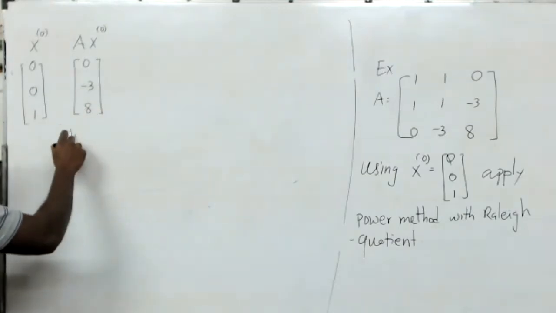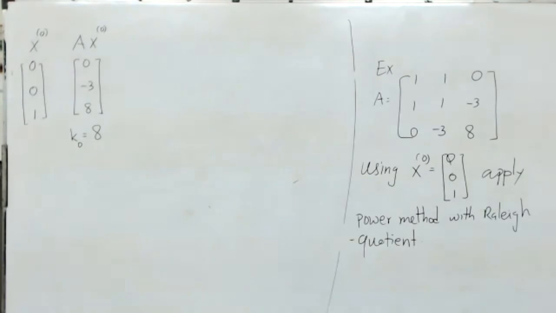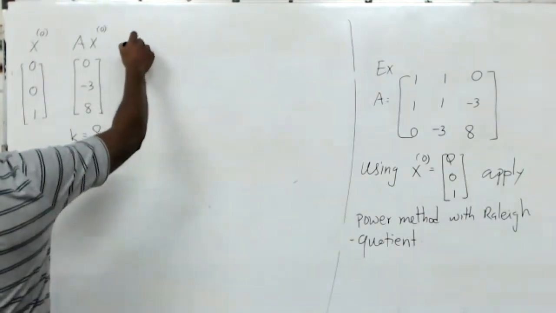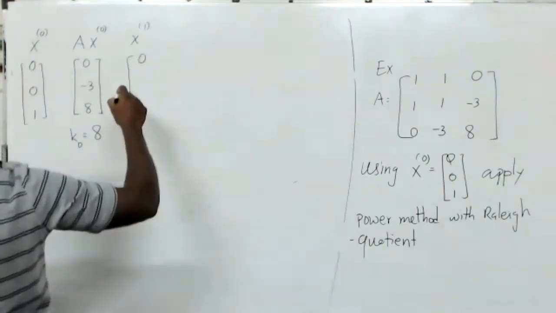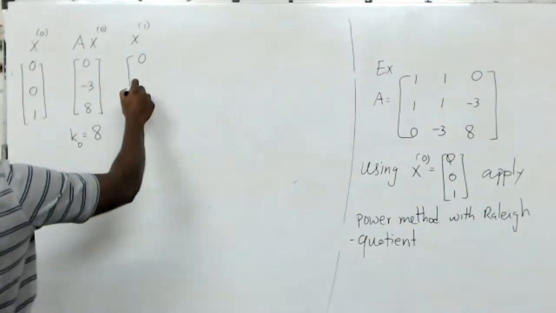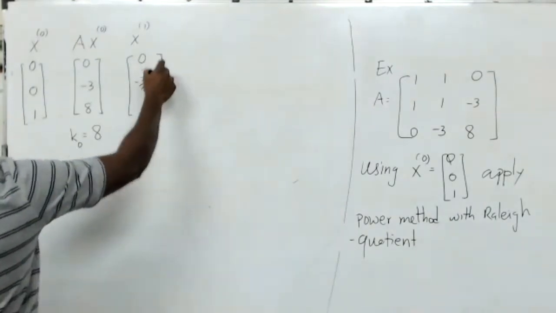In that step you compute k naught, which is 8. And then once you get k naught, you can get x1, which is (0, -3/8, 1).